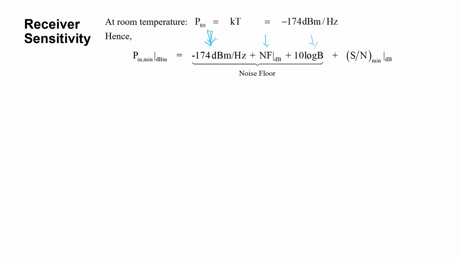So all of these terms are defined as a noise floor, plus the minimum signal to noise ratio that is required at the output of the receiver.